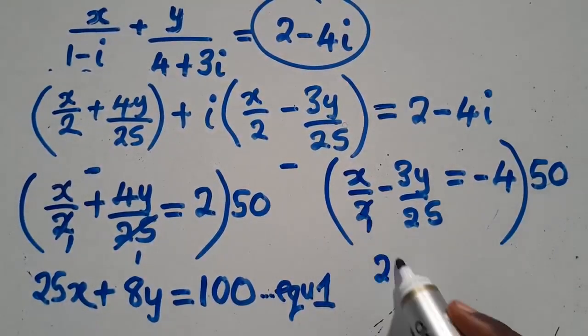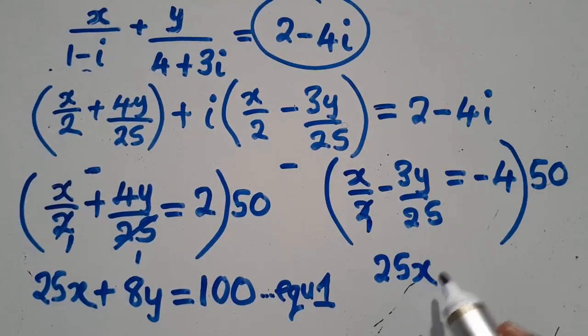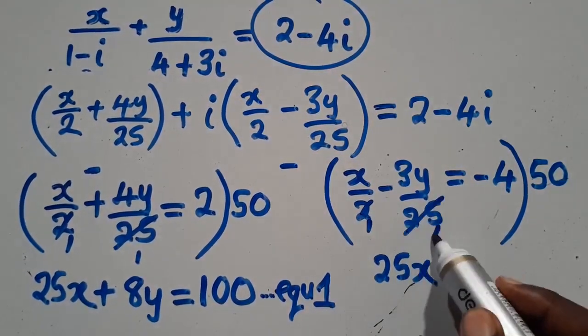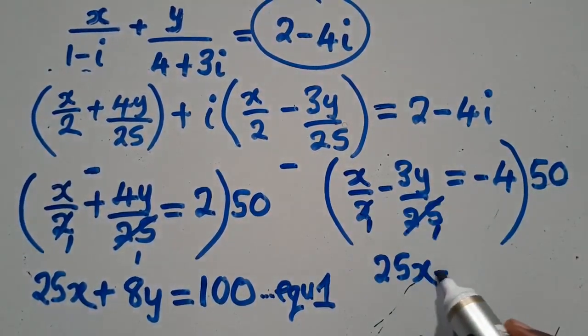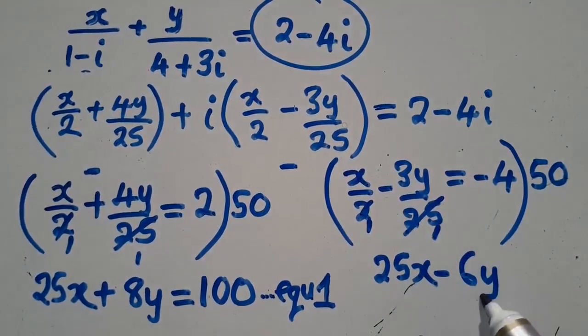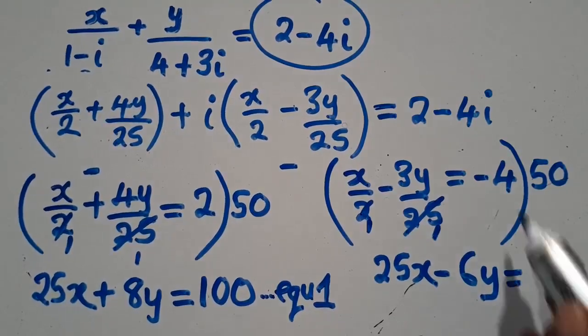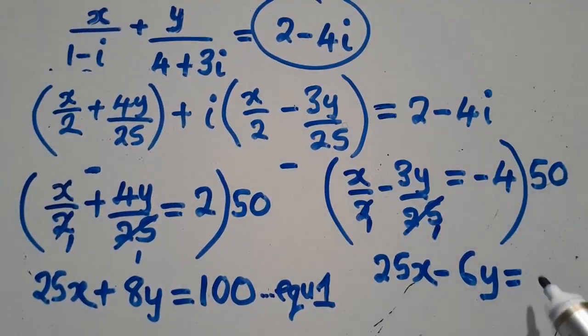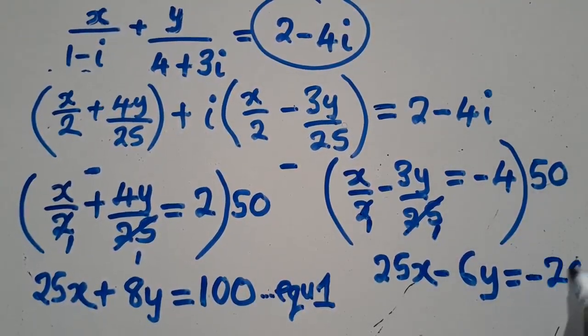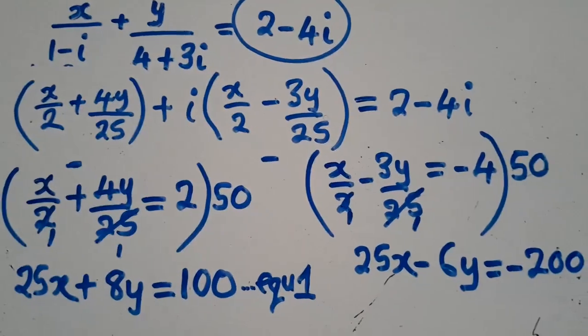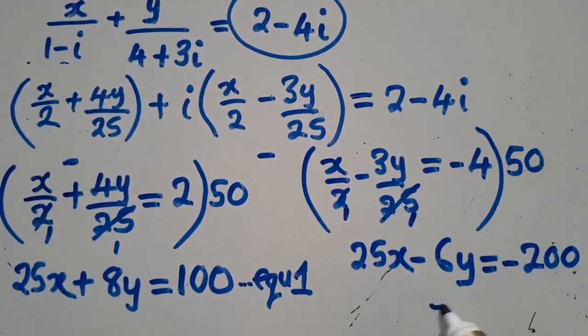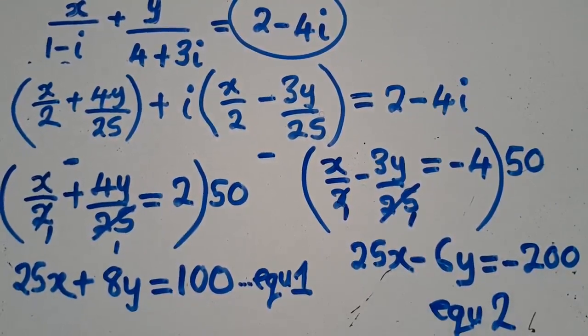So I'm going to get 25x, then 2 times 3, that's 6y. And this is equal to negative 4 times 50, that is negative 200. I'm calling this equation 2.